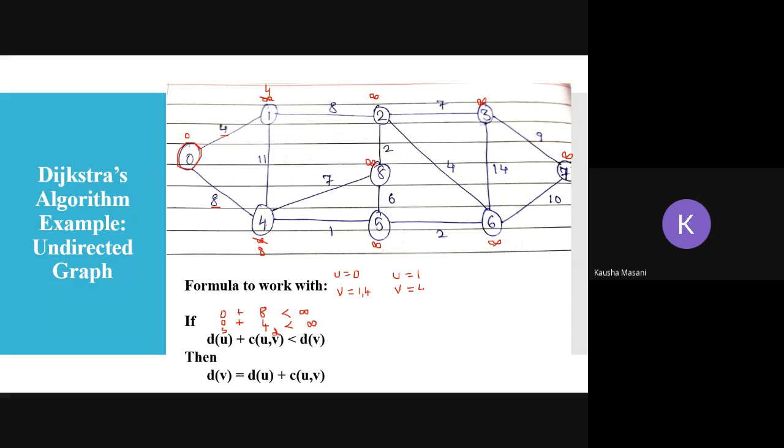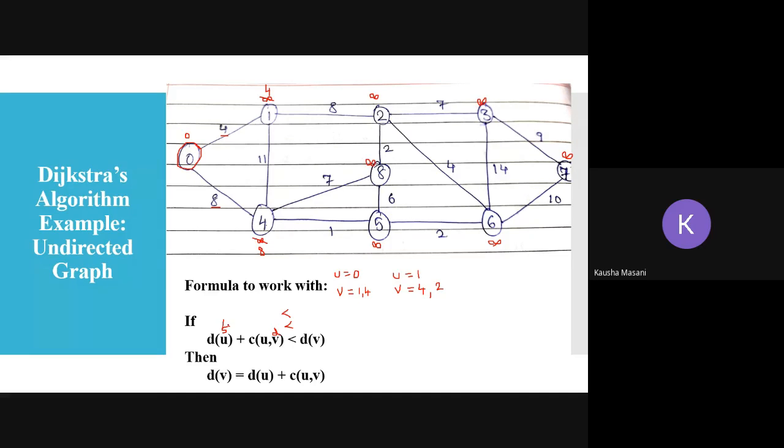So you have to find the distance between 1 and 4, and 1 and 2. Again you will do the same calculations. D of u, that is d of 1, is 4.